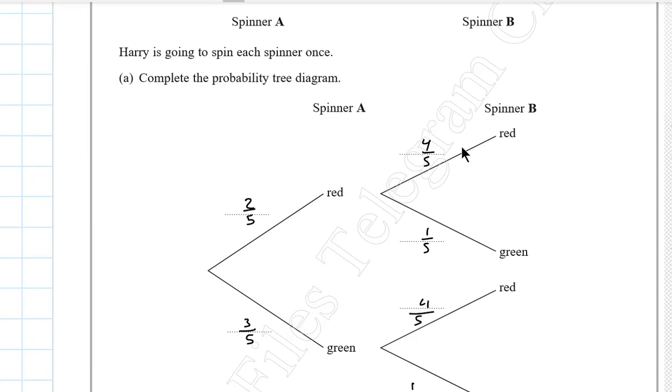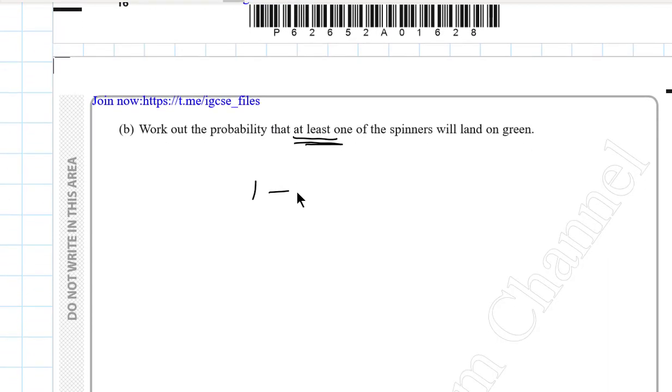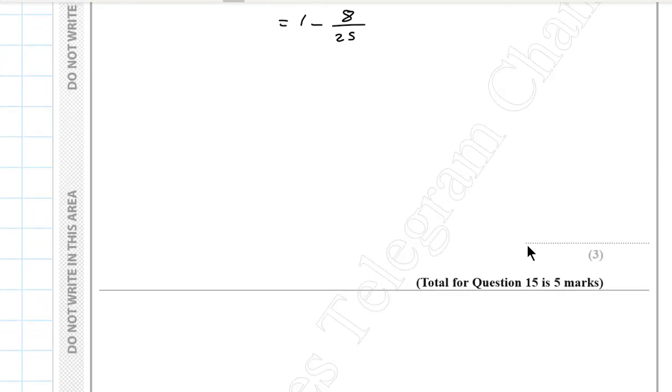We have this line, red, so I will multiply 2 over 5 times 4 over 5, so 1 minus 2 over 5 times 4 over 5, which is 8 over 25. 1 minus 8 over 25 means 17 over 25. Okay, that's it.